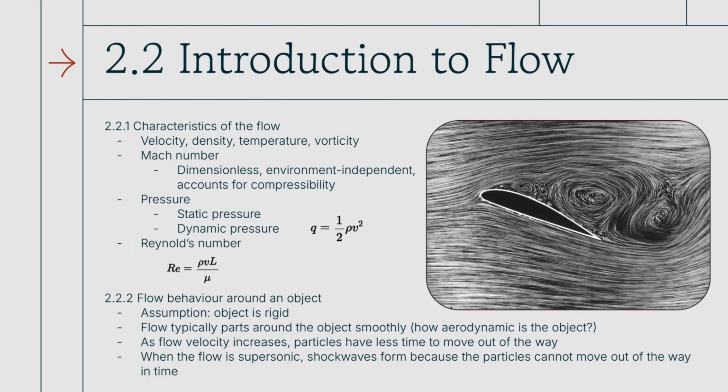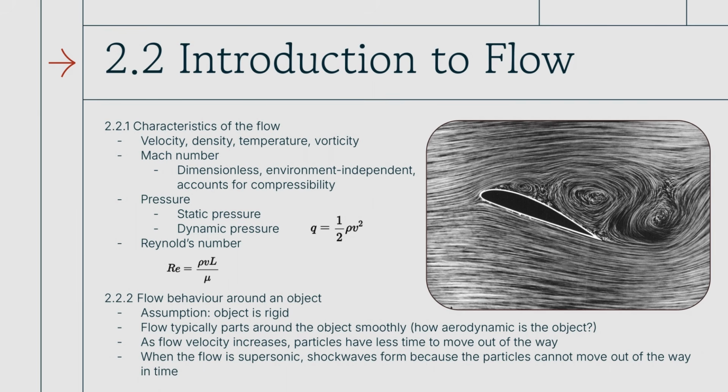Since the airfoil in general is quite aerodynamic, you can see the flow is parting quite nicely around the object. However, as the flow velocity increases, particles have less time to move out of the way. If you throw a rock into the water, it will create a wave, and that wave propagates outward at some velocity. The same thing happens in the air.